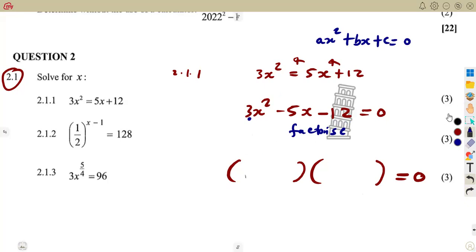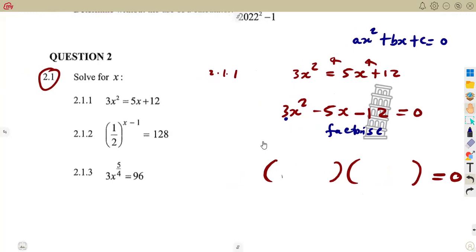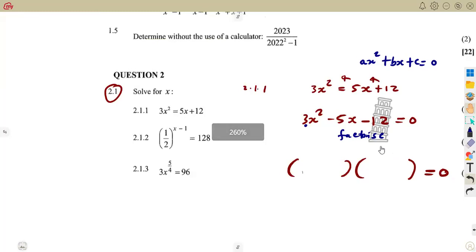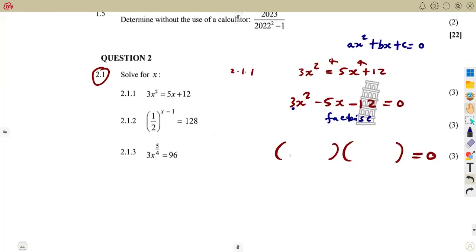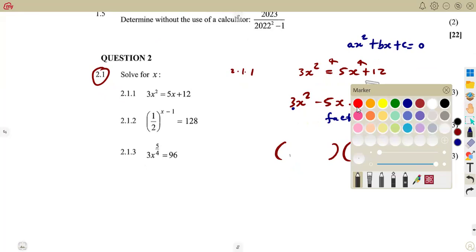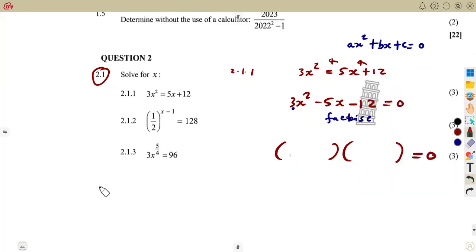We can use the cheat method of factorizing, or any way that you understand. There are different ways. I explained different ways and also this cheat method, so I'm going to talk about that because it seems easier and you seem to understand it.